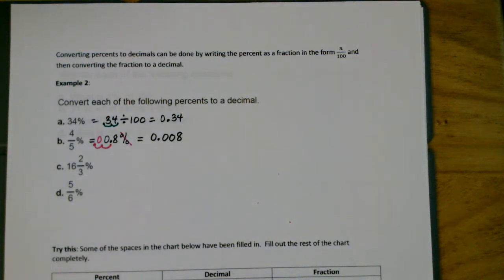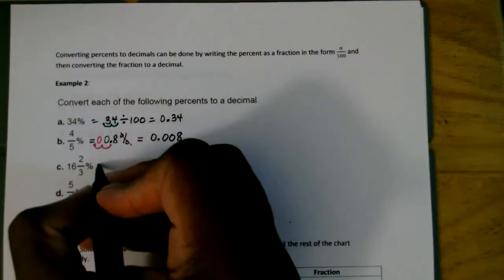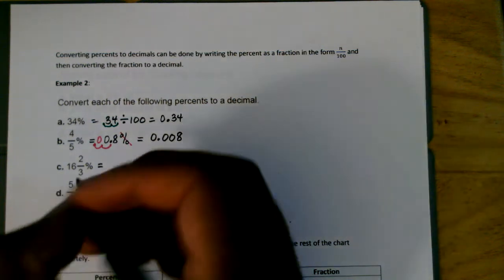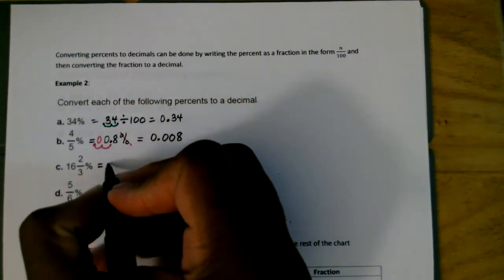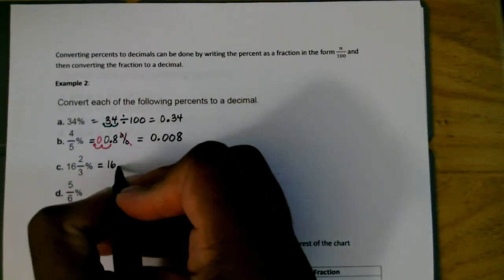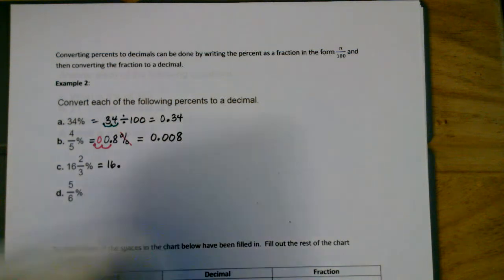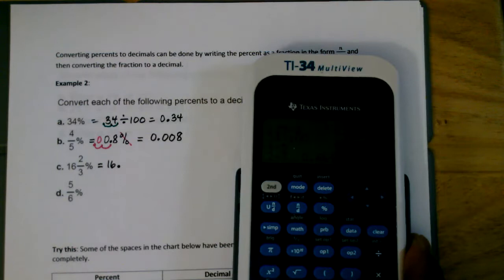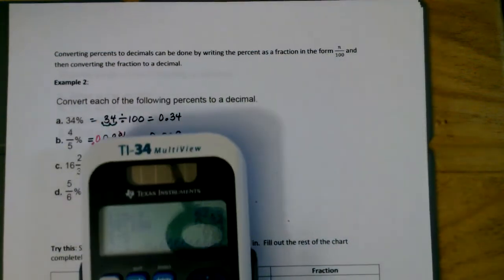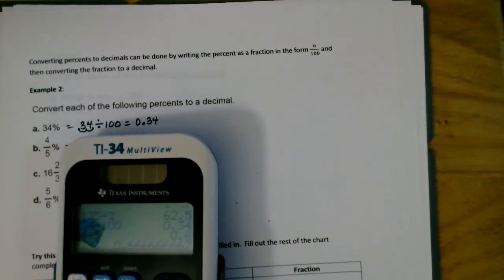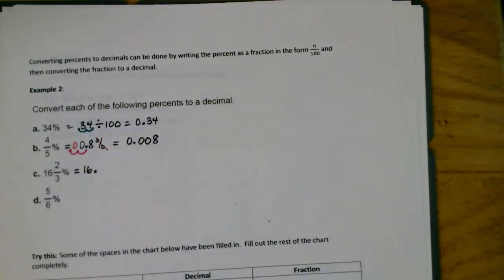Now part C, we got 16 2/3%. Well, let's do this. Bring up the 16 point, and then I'm going to do 2/3 as a decimal by doing 2 divided by 3. Now, when I do 2 divided by 3, this might be hard to see, but this is what I get. 0.666666 repeating.